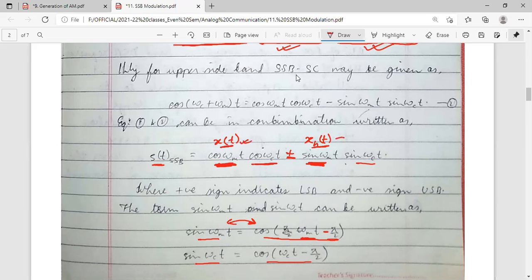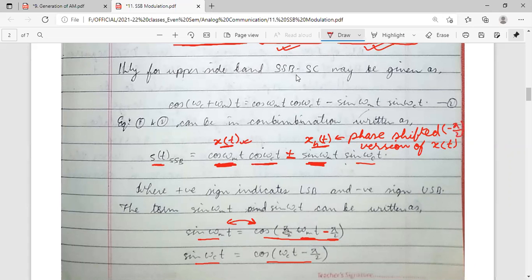So this x of ht is the phase shifted version of xt. What is the amount of this phase shift? The phase shift is minus pi by 2.